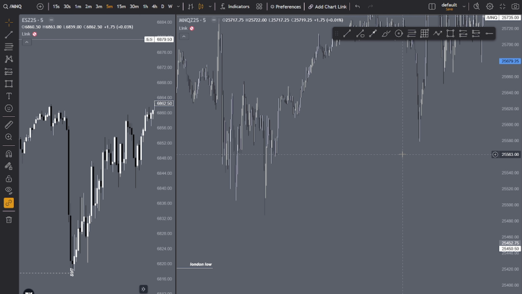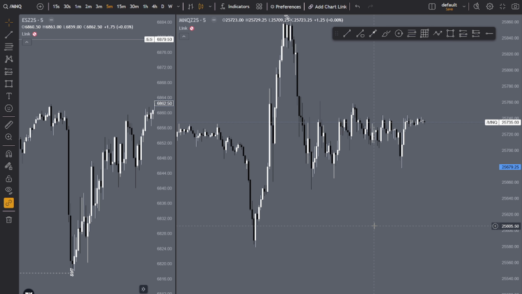Okay, this isn't for complete beginners that don't know what a candlestick is or what a higher high is, or that it's better to be on NQ and ES for correlating assets. This is for people that understand that, and you're just looking for a strategy that might actually help you.